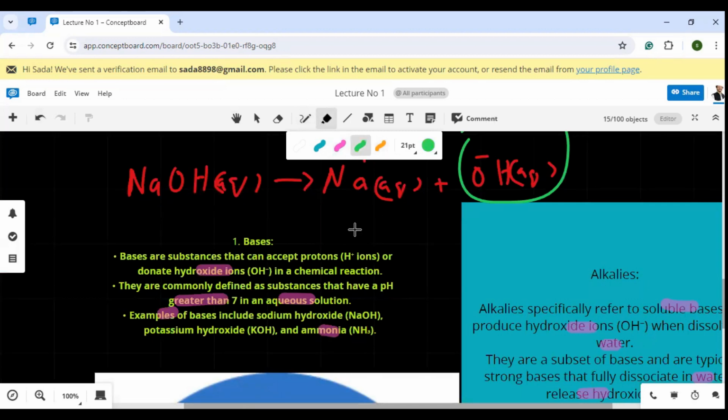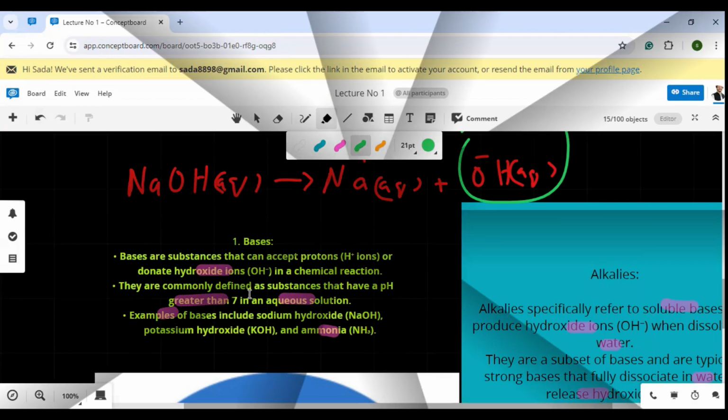Here are some of the main points I mentioned about bases and alkalis. Bases are substances that can accept a proton, hydrogen ion, or donate a hydroxide ion in a chemical reaction. When they react with an acid, the bases donate hydroxide ions, and they also accept a proton from other substances or from the acid. Another property of bases, as I already discussed, is that their pH value is greater than 7.